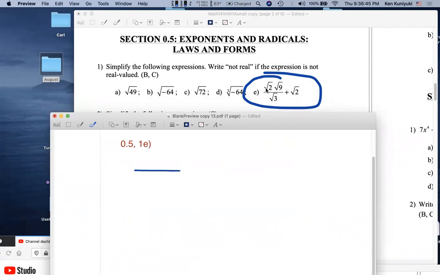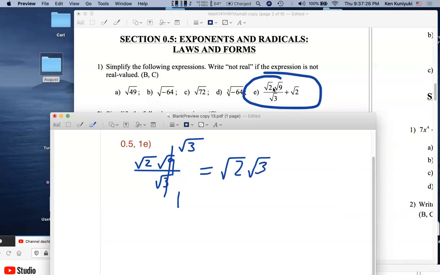We have root 2 times root 9 divided by root 3. The root 2, I'll copy that. But then the root 9 and the root 3, I can do some division here, right? We can do a little bit of canceling. Root 9, what is root 9 divided by root 3? It's root 3. This is really what's happening, all right? So I can think of this as root 2 times root 3.